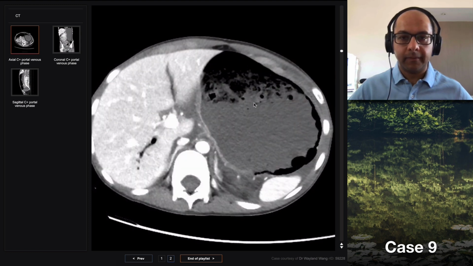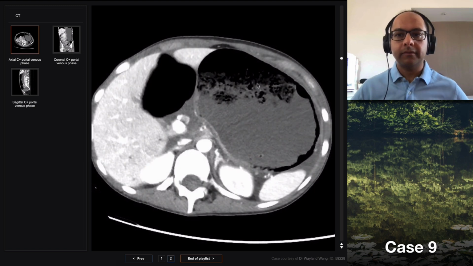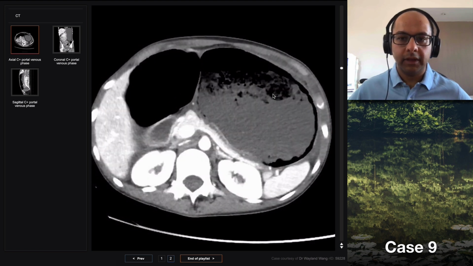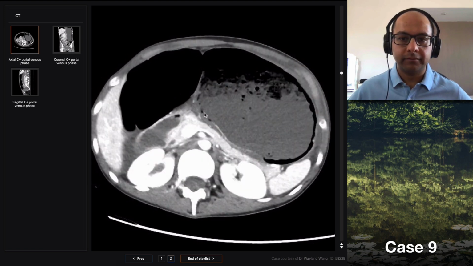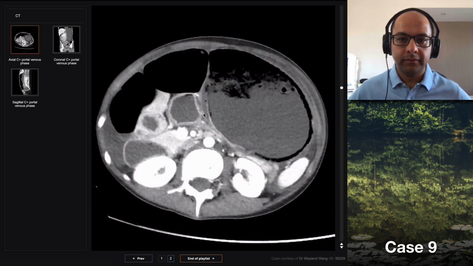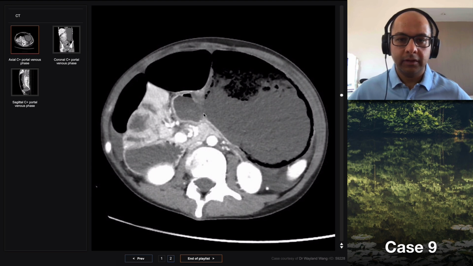Stomach very distended. I would normally window it a bit better and see whether this is free intraperitoneal gas, but it seems to be following the contour of the stomach. The stomach is very, very distended. Coming down further.